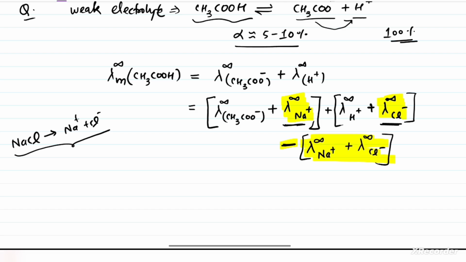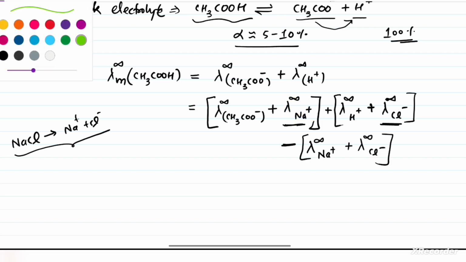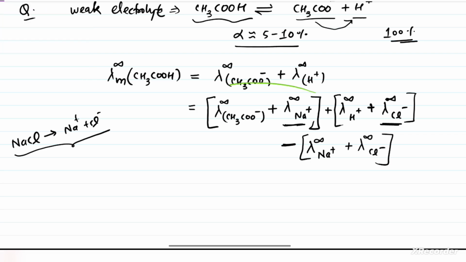Now why are we doing this? Because when we write them all together, CH3COO⁻ and Na⁺ form CH3COONa, which is a strong electrolyte.